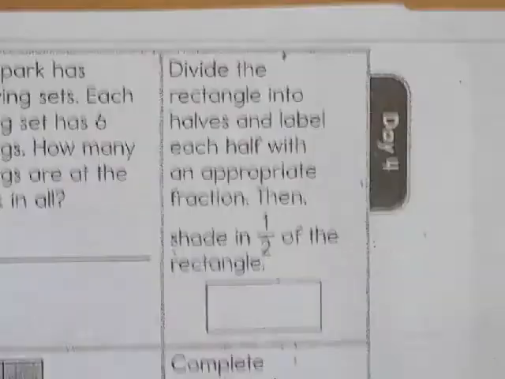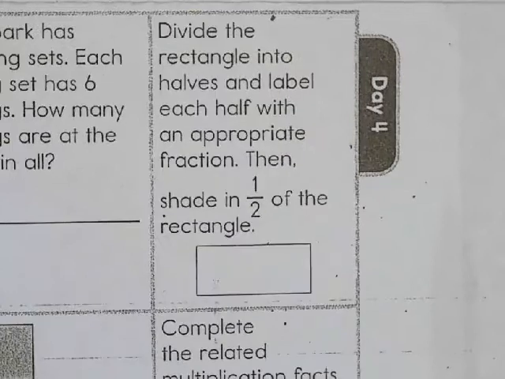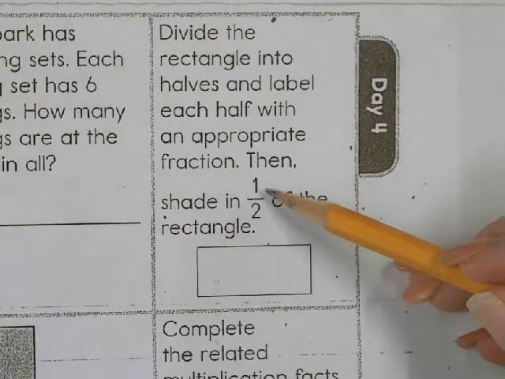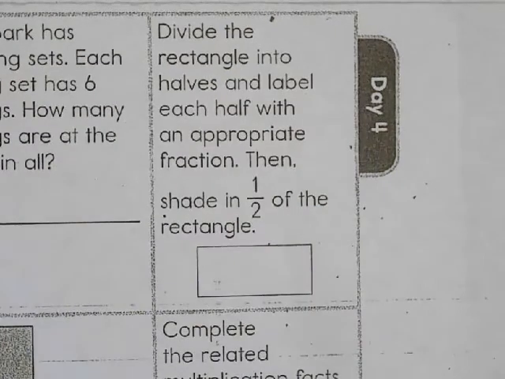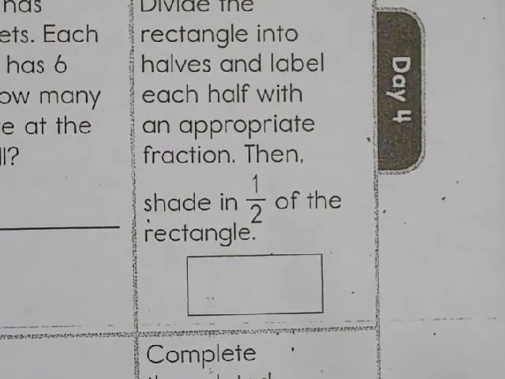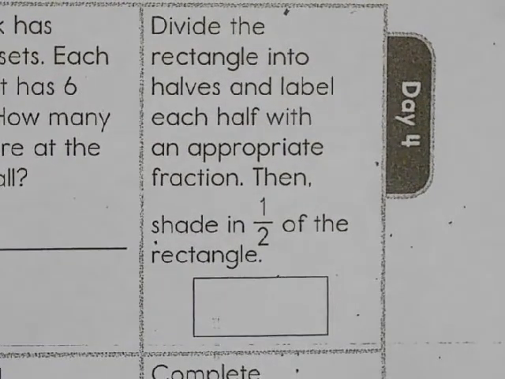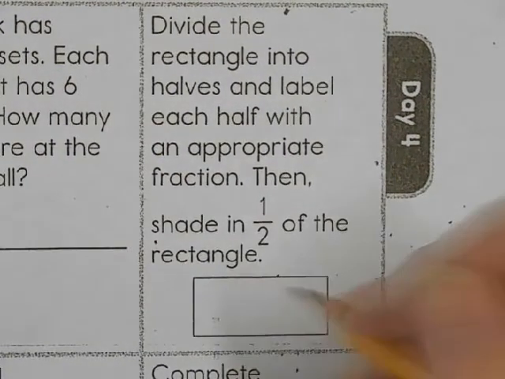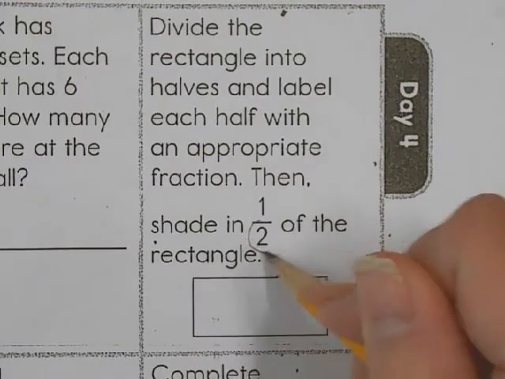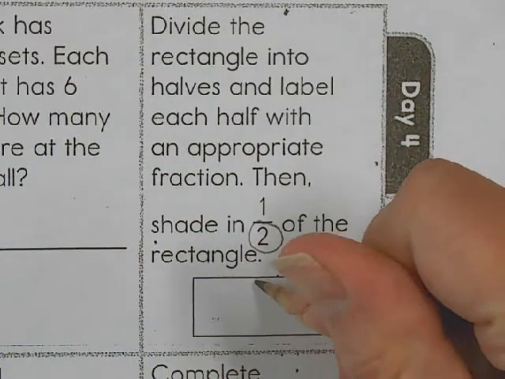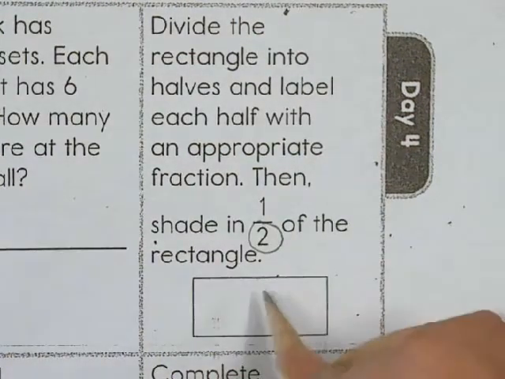Then we're going to shade in one of the halves, because the numerator tells us how many parts we're counting. The denominator tells me how many parts to partition the whole rectangle into. So in this case, I'm going to partition it into 2 parts.